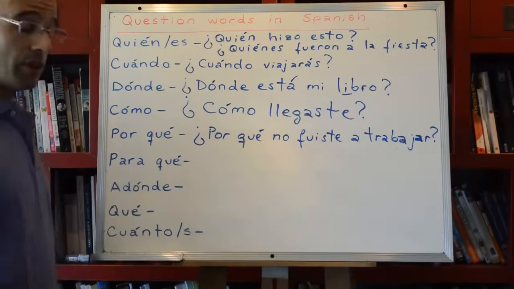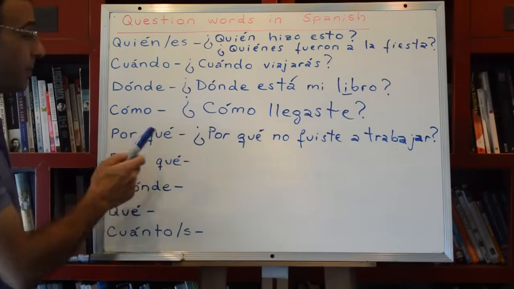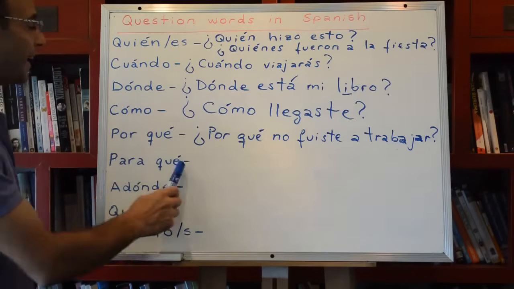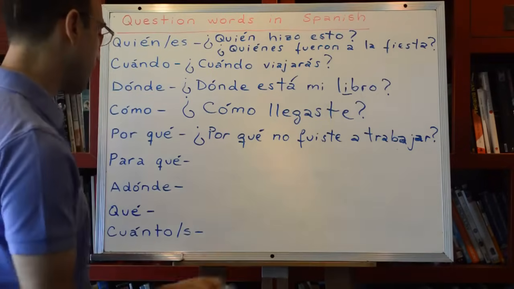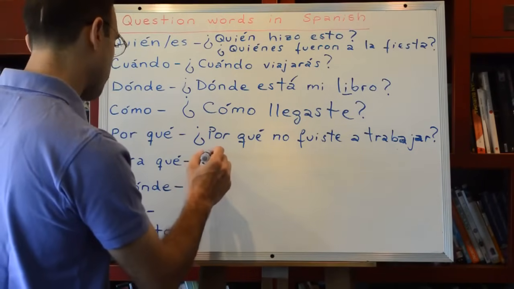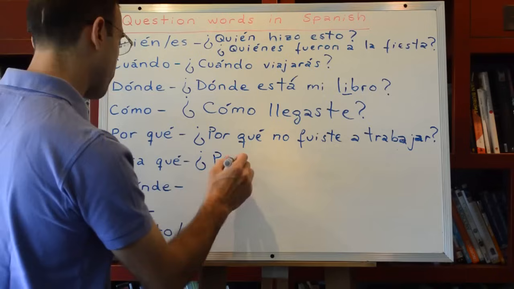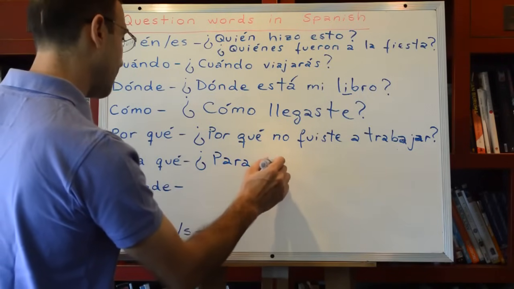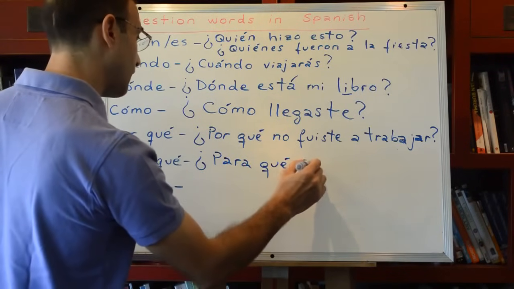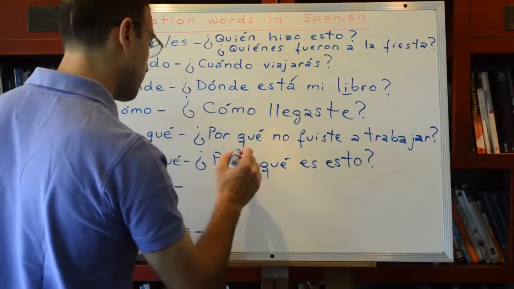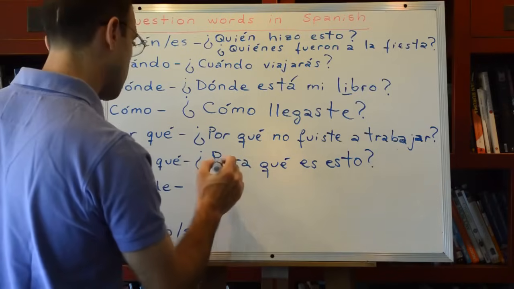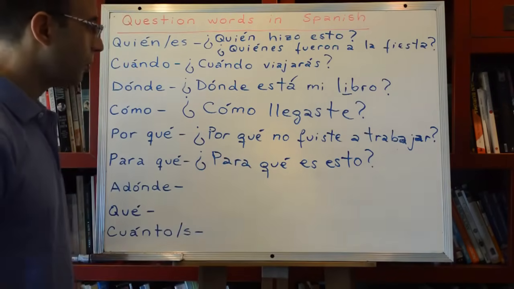Now, ¿para qué? This one is very similar. ¿Por qué means why? ¿Para qué means what for? What for? Example. ¿Para qué es esto? Okay, ¿para qué es esto?